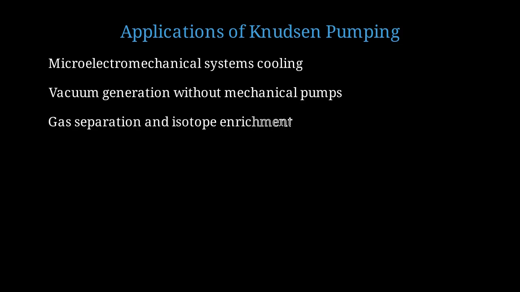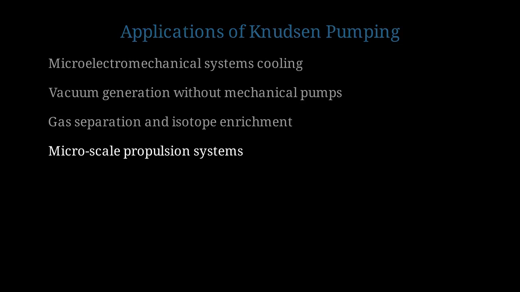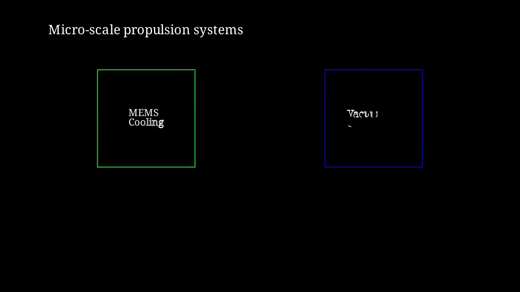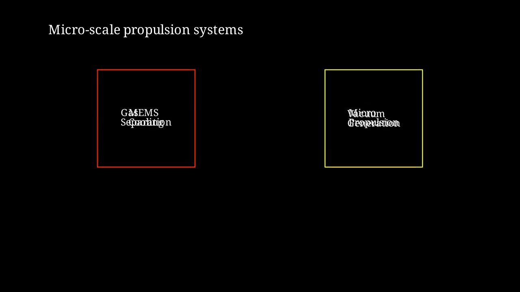Because thermal creep depends on molecular mass, Knudsen pumps can be used for gas separation and even isotope enrichment. In microsatellites and nanosatellites, Knudsen pumps could provide propulsion without moving parts or conventional propellants. Here are 4 major application areas for Knudsen pumps: MEMS cooling, vacuum generation, gas separation, and micropropulsion systems.